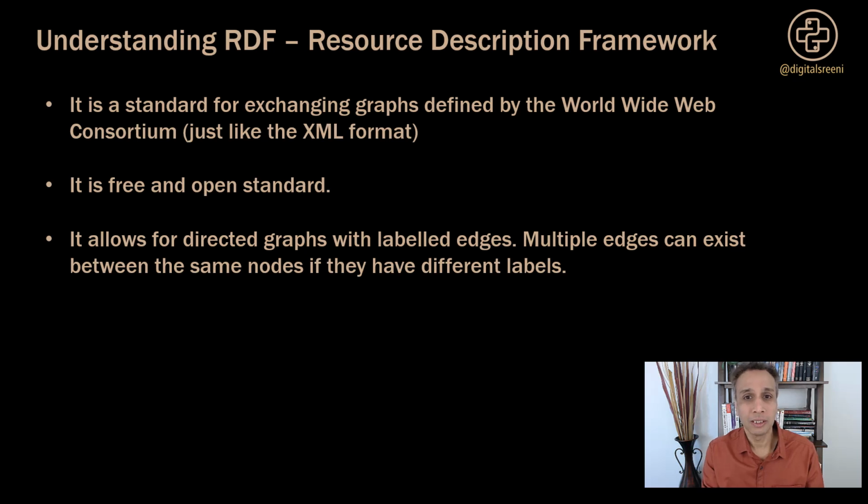Anyway, I don't want to get into a rabbit hole of thinking of various hypothetical scenarios, but basically RDF allows you to do these types of things. Why? Because if you have different labels for each edge, then it is possible to have multiple edges. So it doesn't force you to do that, but its design allows you.